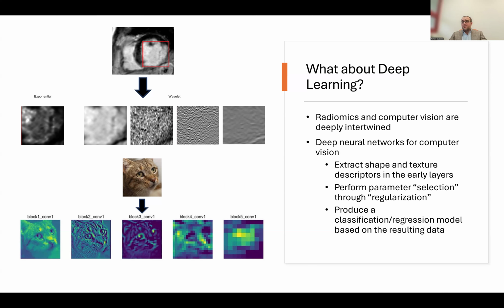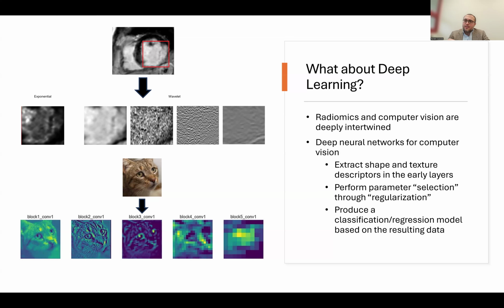The first layers of their network extract descriptors of the image, which are fairly similar, if not exactly, as radiomics descriptors. So shape or edge detection within the image, so defining the shapes of the elements or the margins of the elements within the image.